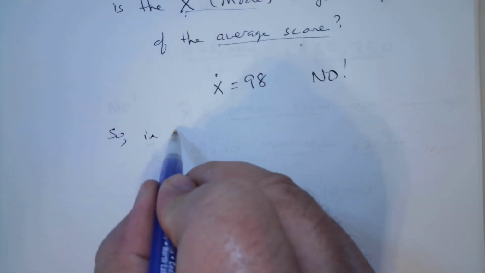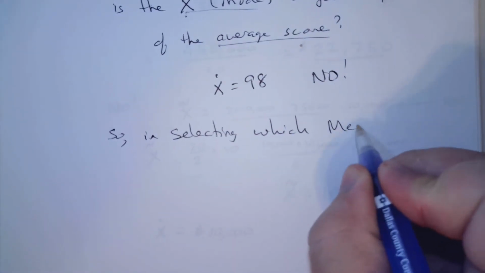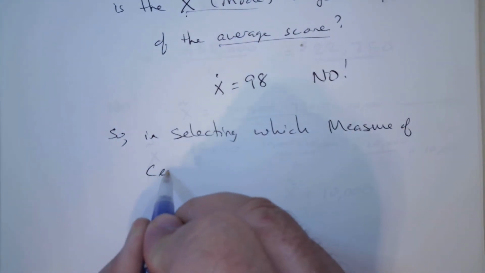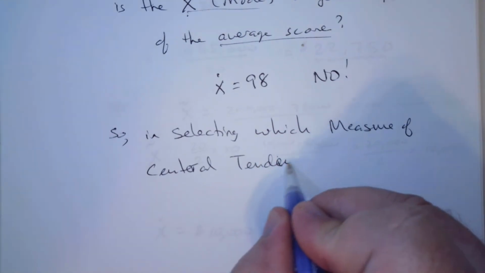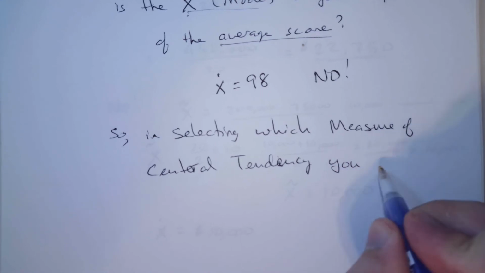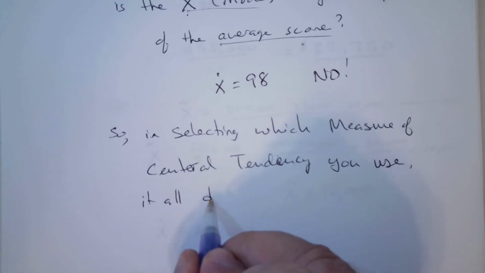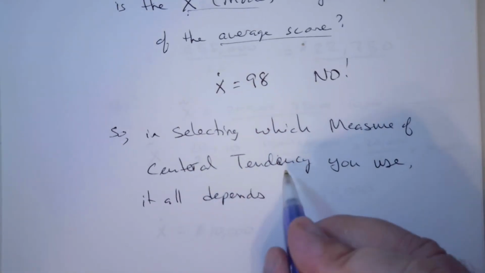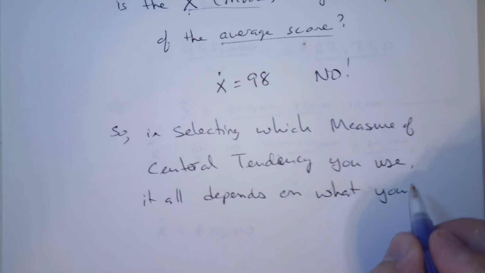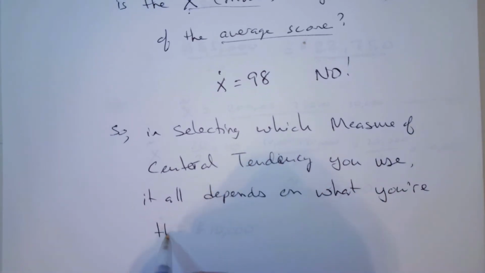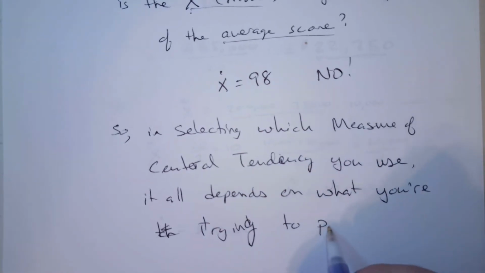So, in selecting which measure of central tendency you use, it all depends on what you're trying to prove.